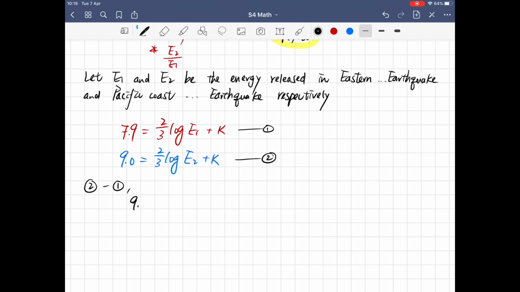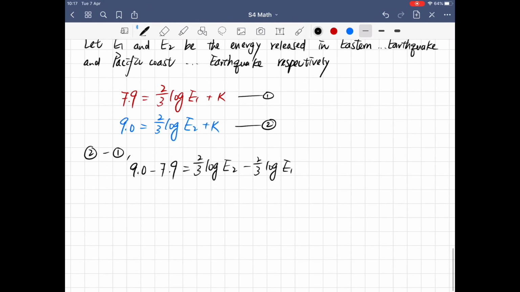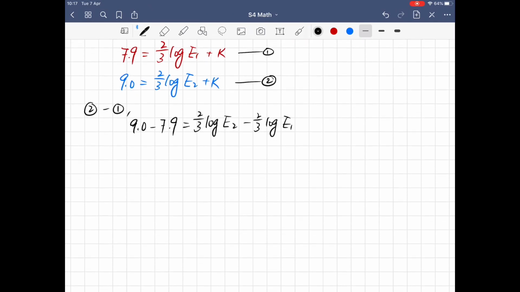So for the left hand side, it is 9.0 minus 7.9. And for the right hand side, 2 over 3 log E2 minus 2 over 3 log E1. And for the K, they have been cancelled out. Afterwards, we can take out the common factor on the right hand side.